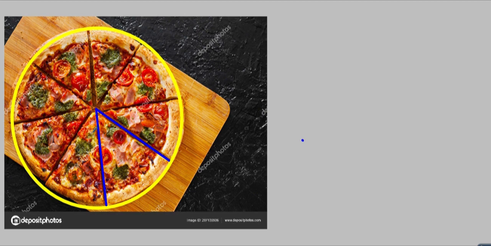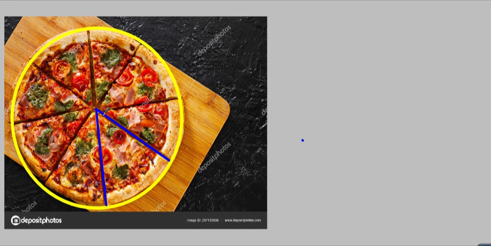This slice of pizza is obviously 1/8 of the pizza, assuming that the angles of these slices are identical. If it's 1/8 of the area of the pizza, look at this angle. It's 1/8 of the central angle, which is 360 degrees, the full revolution.